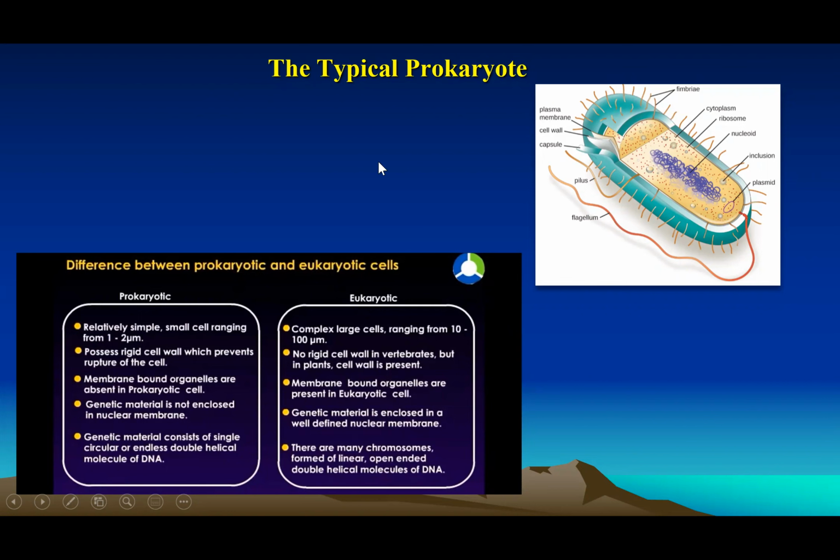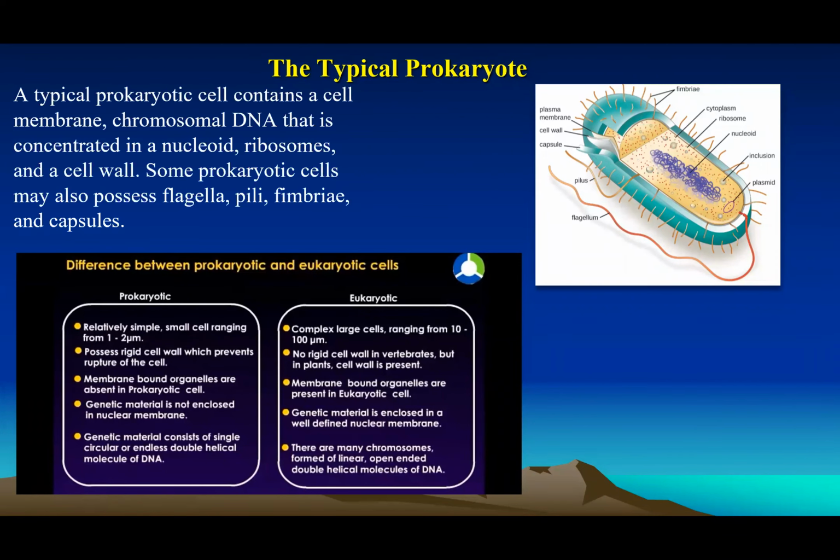The main difference between a prokaryotic cell and a eukaryotic cell is that prokaryotic cells are very, very small. It's only 1 to 2 microns, whereas a eukaryotic cell can range between 10 to 100 microns. Prokaryotic cells possess a cell wall that prevents them from rupturing, whereas animal cells do not have a cell wall.